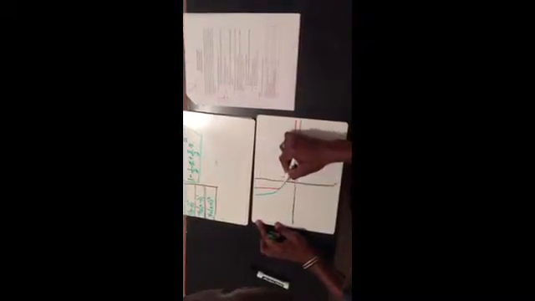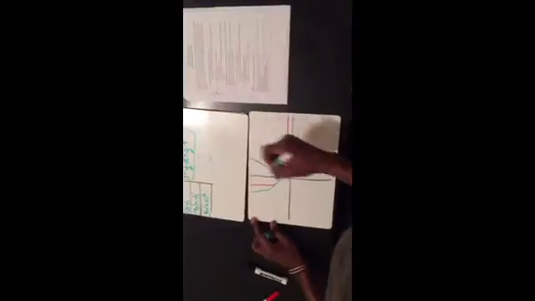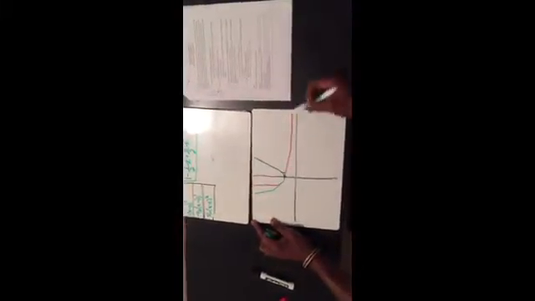And then the polynomial is something like this. So this would be the polynomial, and this would be the function.